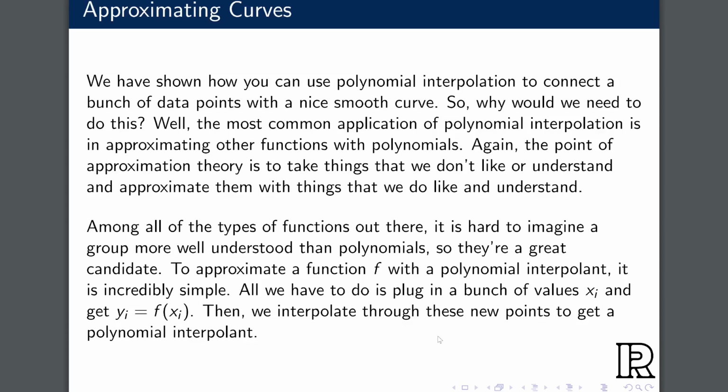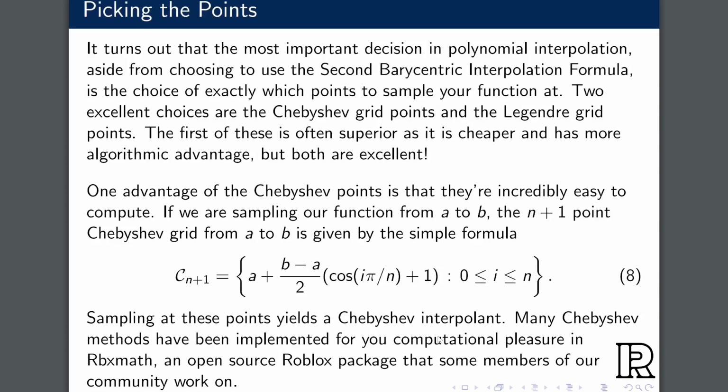Now you might ask, how should we pick the points? Well, it turns out that this is the most important decision you can make. Where do you sample your function? There are basically two good choices. There are, strictly speaking, more good choices than two, but you'll almost always see these two picked.